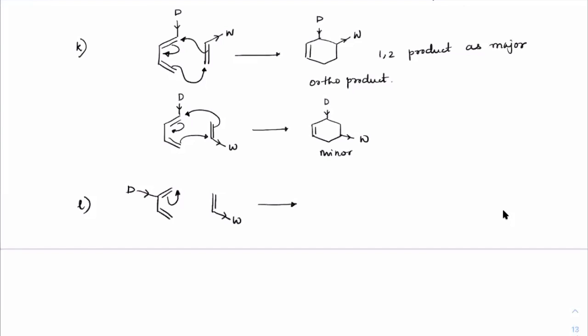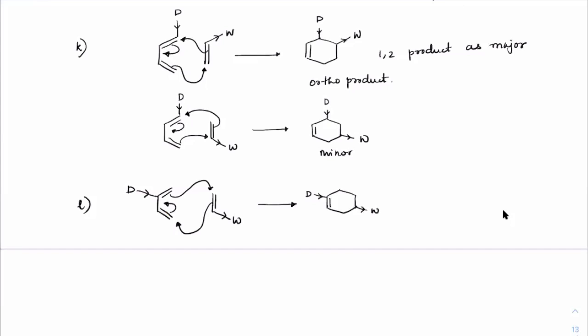Because the pi bond cannot make a resonance towards this side. So hence, this would be more formed here. So this pi will attack from here and this pi will attack from here. And therefore we'll have D here, double bond here, and a withdrawing group here.